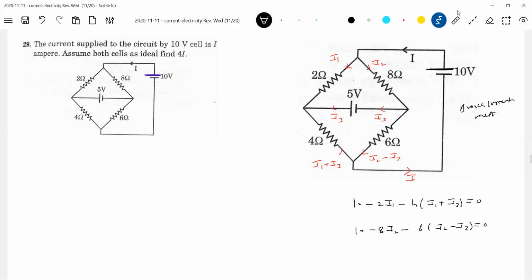One more loop equation: plus 5, plus 2I1 minus 8I2 equals 0.